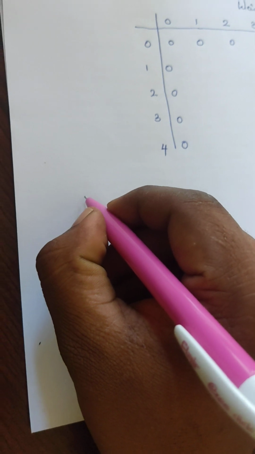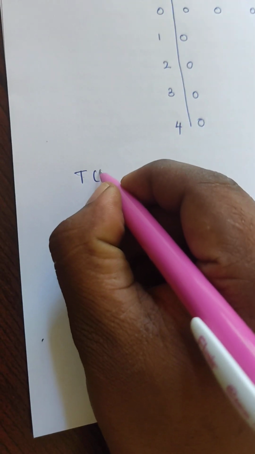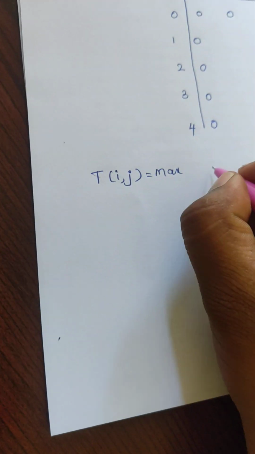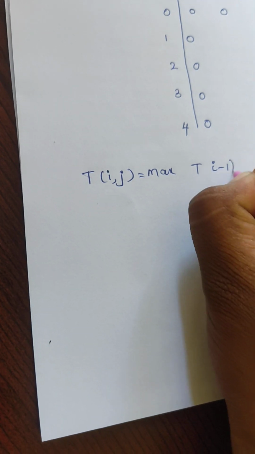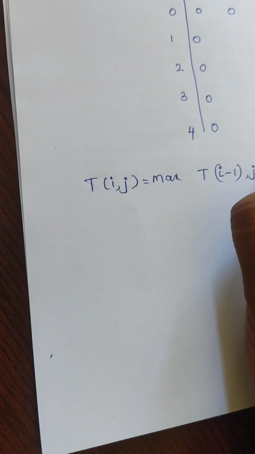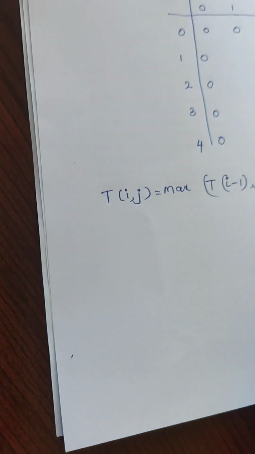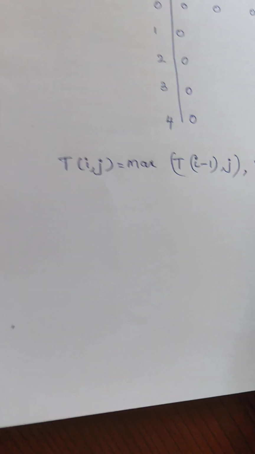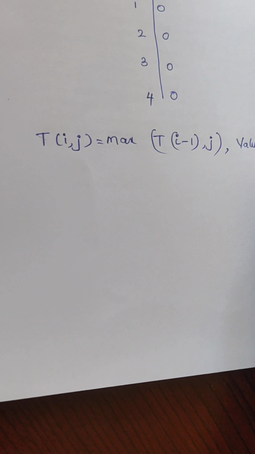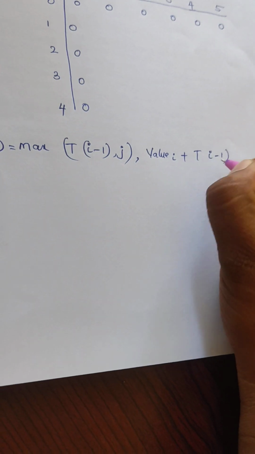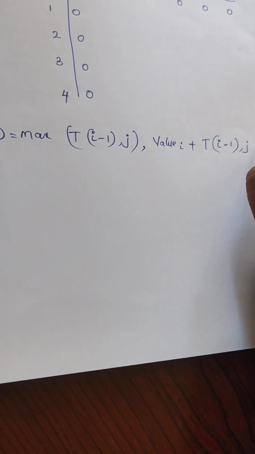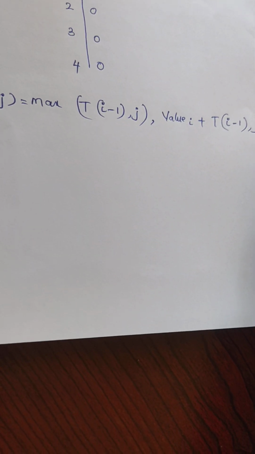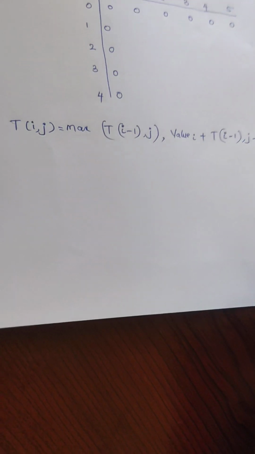The formula is T of i comma j is equal to the maximum of T of i minus 1 comma j, and value of i plus T of i minus 1 comma j minus weight of i. So this is the formula.